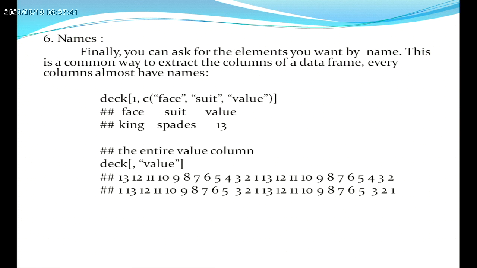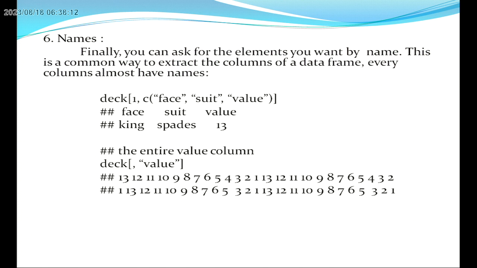So deck[1, c("face", "suit", "value")] returns the face, suit, value: face having the value king, suit having the value spades, and value having 13. For the entire value of a column we can use deck[, "value"]. So the whole value is 13, 12, 11, 10, 9, etc.